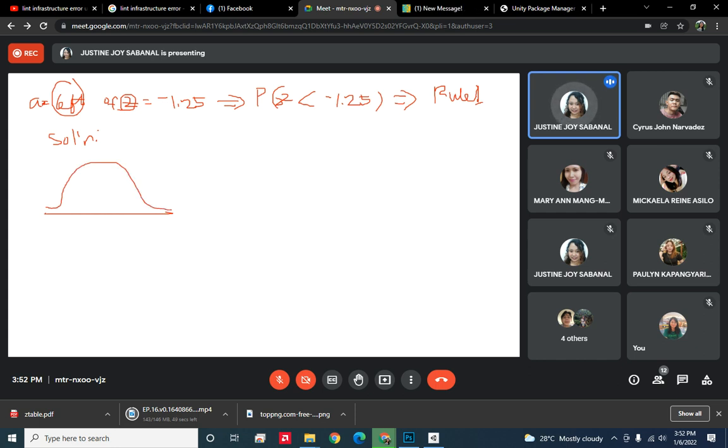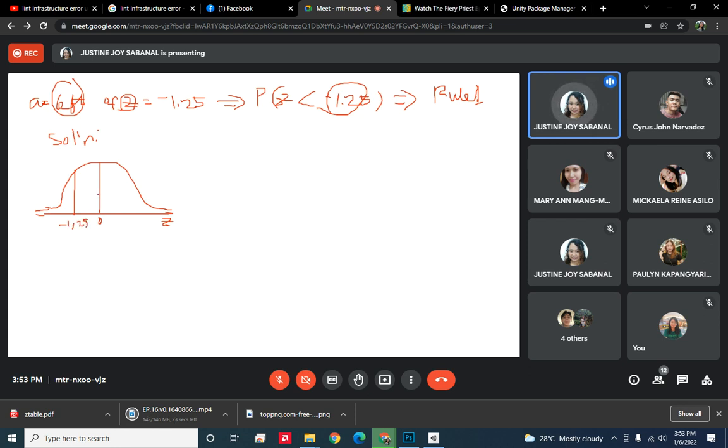So, tandaan, ang standard normal distribution po ay mayroong mean na 0. So, dito po nag-represent yung Z. So, ngayon, pag i-graph mo yan, nasa gitna yung 0, ilolocate mo muna yung number na ibinigay. So, that is negative 1.25. So, pag negative yung value, nasa kaliwa nung 0.